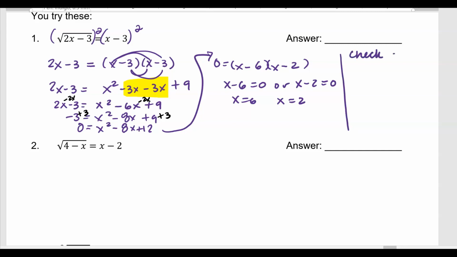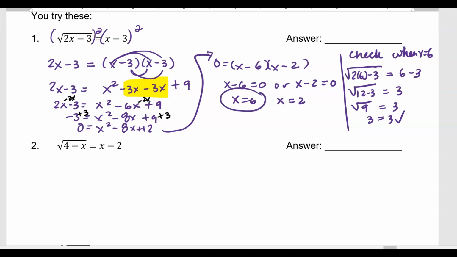Let's first check when x equals 6. Does 6 work? Square root of 2 times 6 minus 3, does it equal 6 minus 3? So that's the square root of 12 minus 3 equals 3. Square root of 9 equals 3. 3 equals 3, so that definitely works. Now we need to determine whether 2 is an answer.